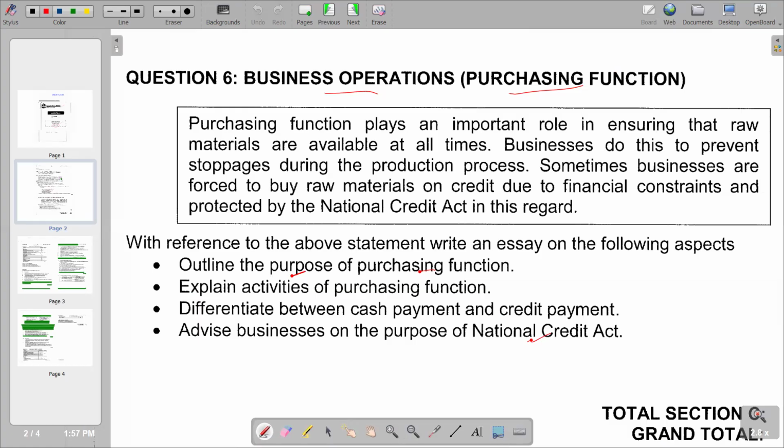For example, it is supposed to place orders with the suppliers and follow up on them to make sure that, if we made an order, the supplier supplied those goods that we had ordered. That is one of the activities, and another activity is to look for a suitable or a new and better supplier.